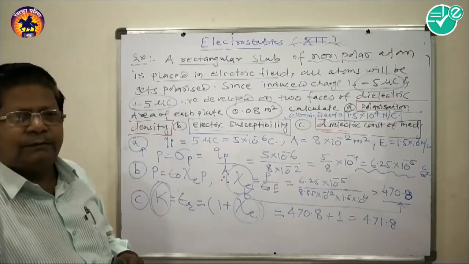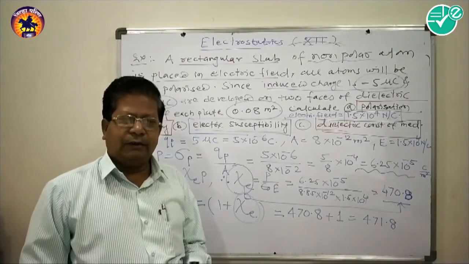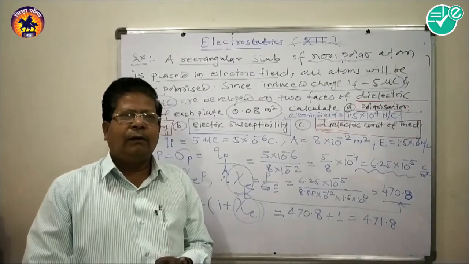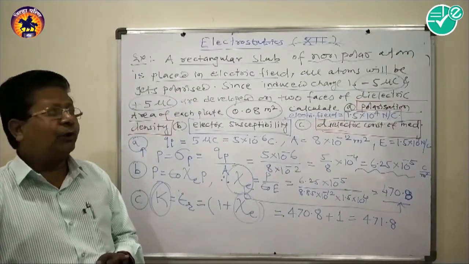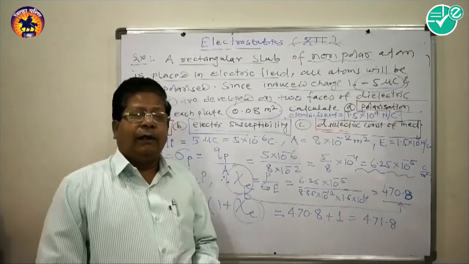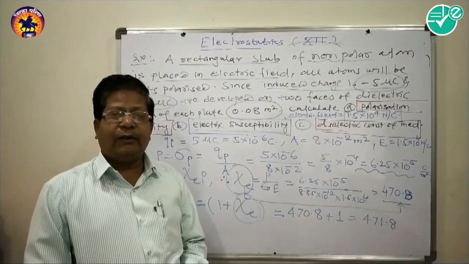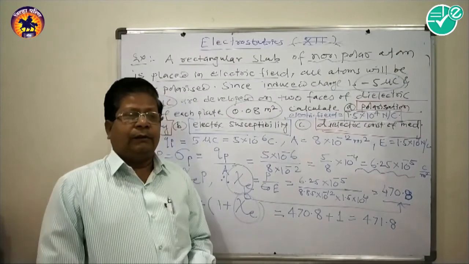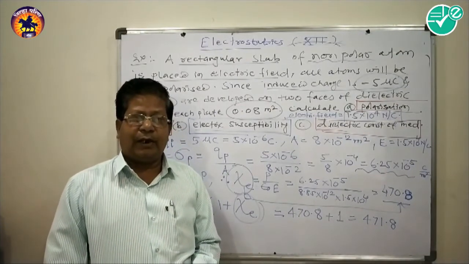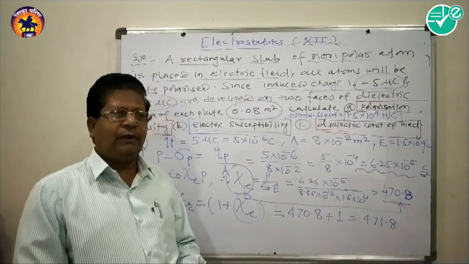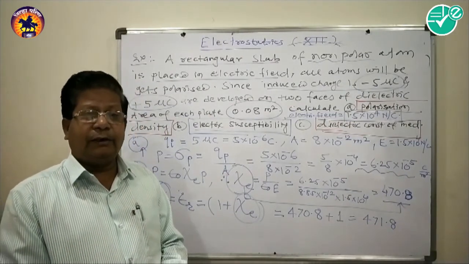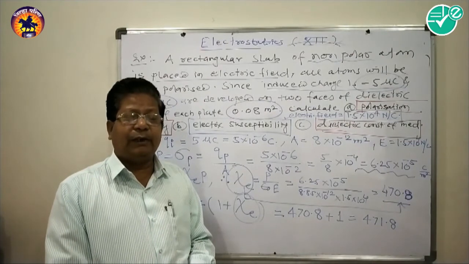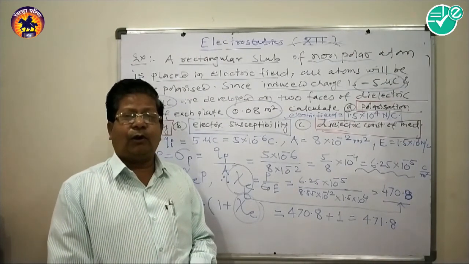After discussing articles: dielectric, polar dielectric, non-polar dielectric, electric polarization, then reduced electric field when the dielectric is introduced in the electric field, then definition of electric polarization, formula for electric polarization, electrical susceptibility, and finally we have discussed the relation between electric susceptibility and dielectric constant of the medium.